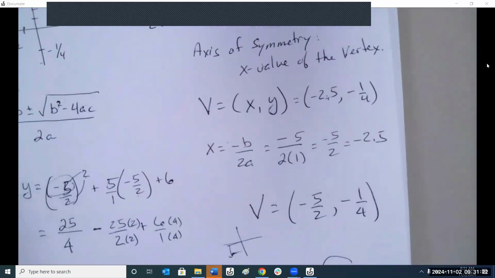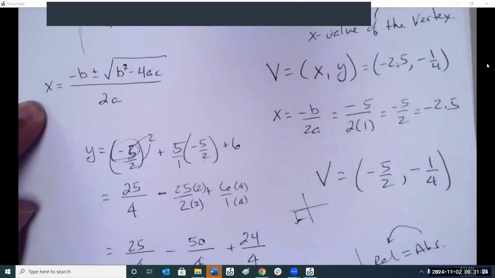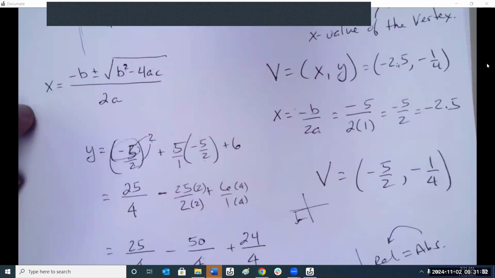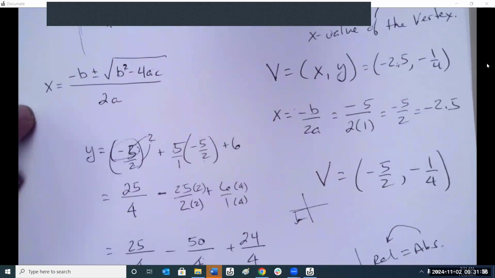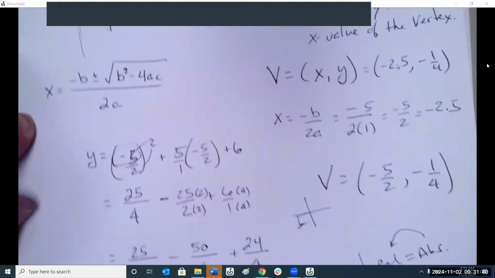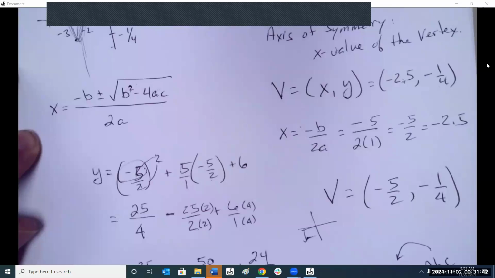So the quadratic formula. What's the purpose of the quadratic formula? Find the x-intercepts? Yep, very good.